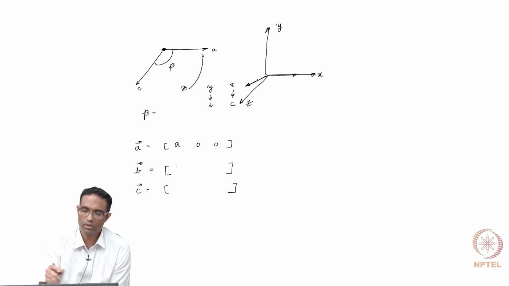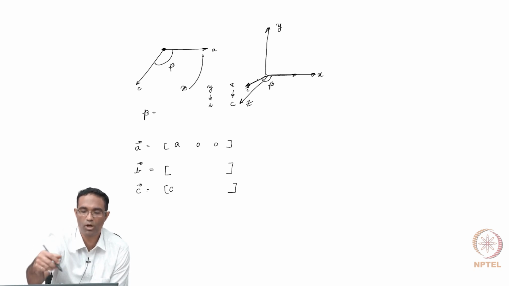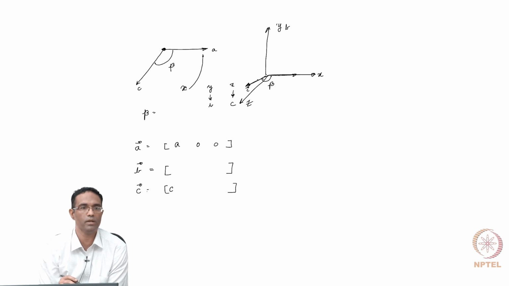So consequently your c vector will have what as the components here? It will have c, this is beta, right. So what would it be? Can you please help me out here? What would the x component of the c vector be? This would be the c vector, right, because you are looking at it from the top. So this is what we want our b to be.